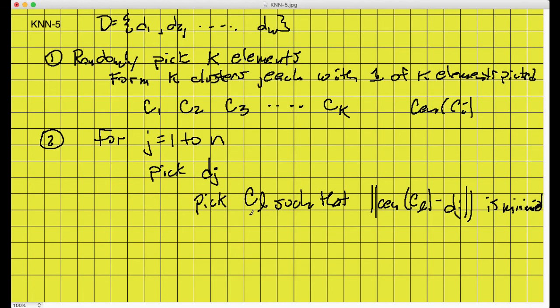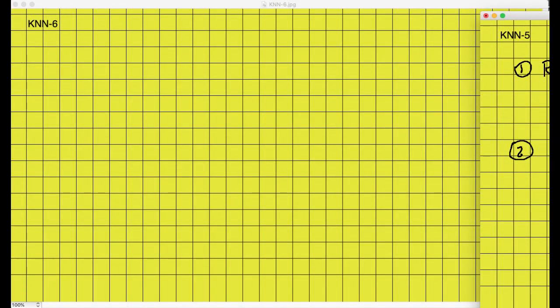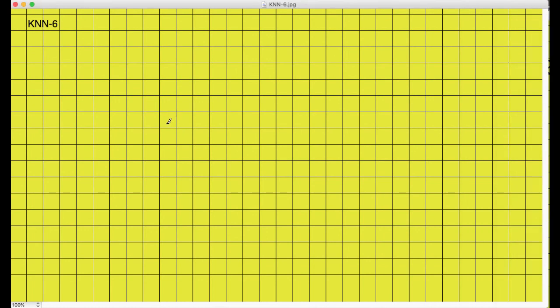Initially, here are my 5 initial clusters, and you could think of them as looking like this. Of course, they only have one element in them.